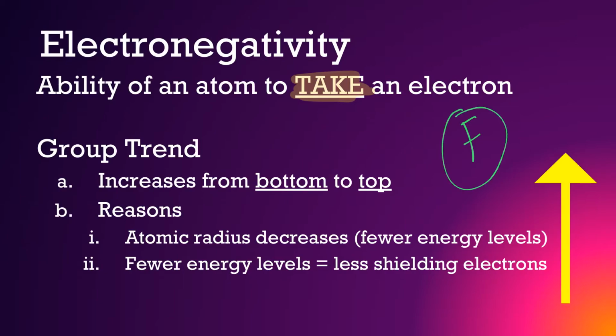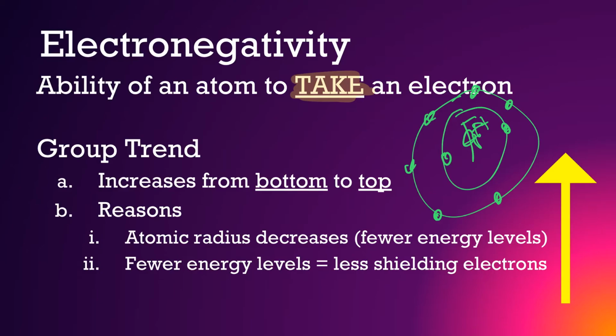Fluorine has 2 energy levels, and we have 9 protons in the nucleus. Because there are only 2 energy levels, these electrons feel the force of the positively charged nucleus more than if there were more energy levels.